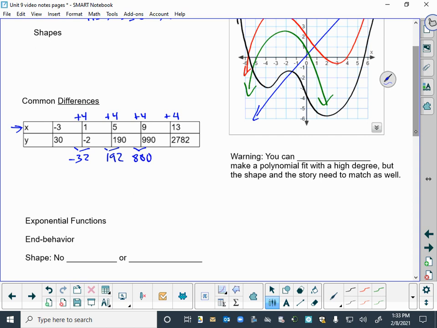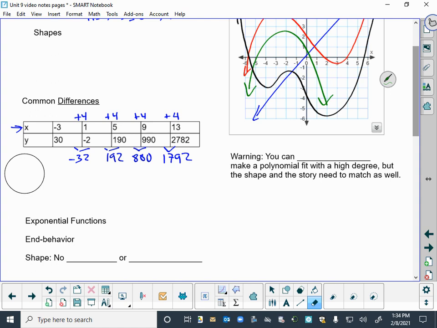And 2782 minus 990 is 1792. Now, if these numbers in blue had been all the same, that would have told me that this was linear, if the first differences were equal.